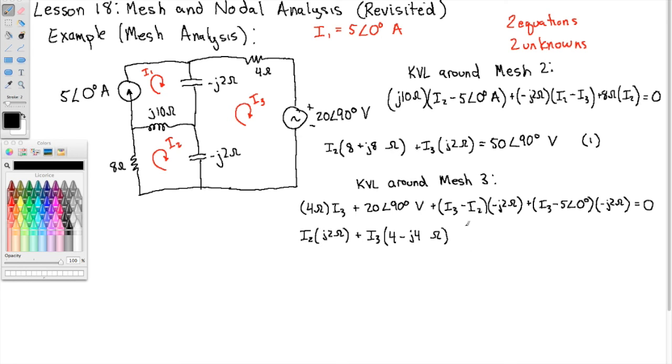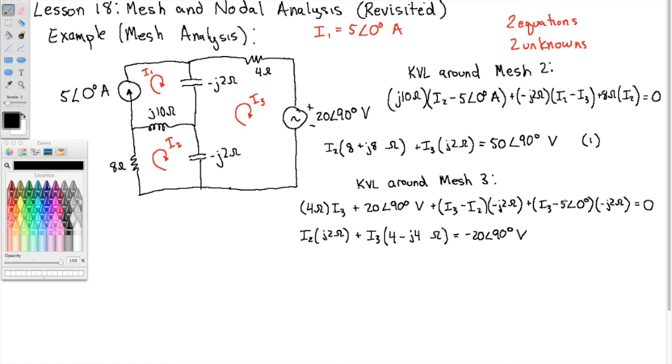Okay, and then for the constants, I have 2 constants actually. Let me subtract this term here. So I'm going to move minus 20 angle 90 degrees volts, and then I have this constant here, minus J2 ohms times minus 5 angle 0.